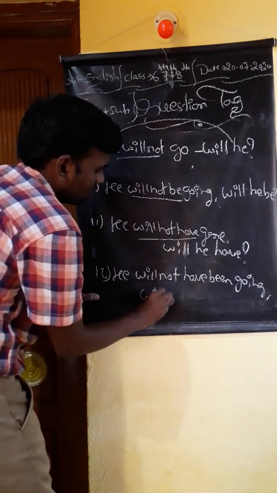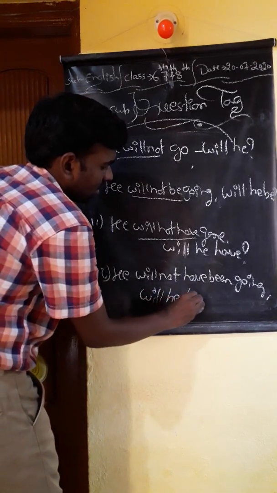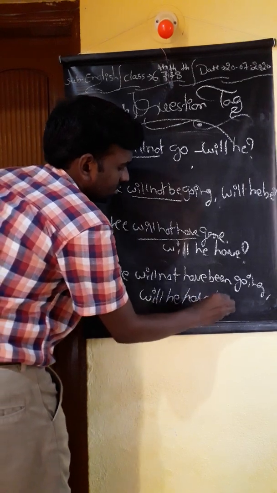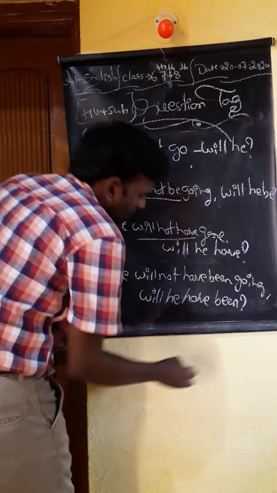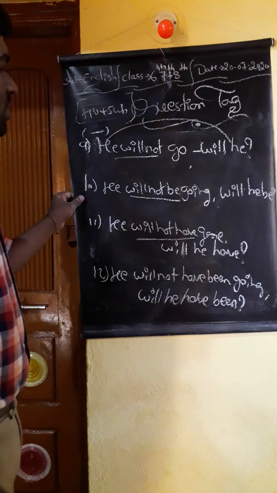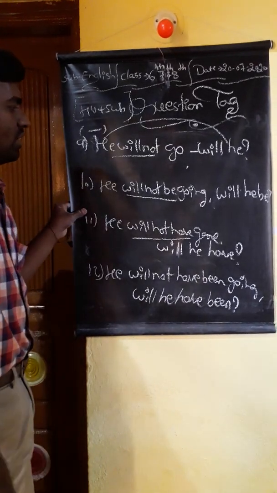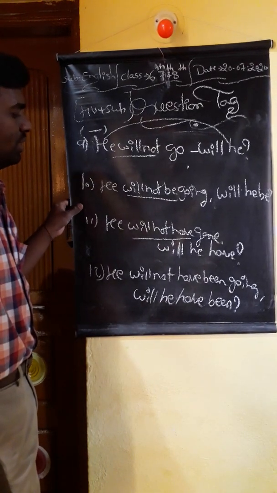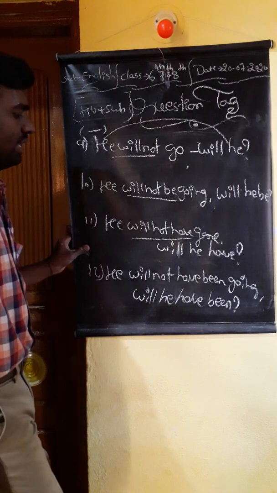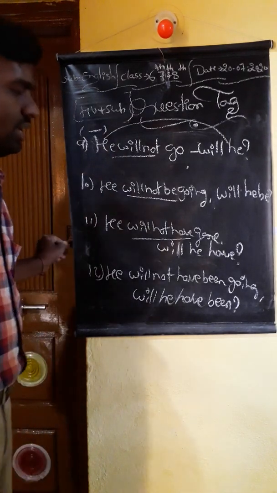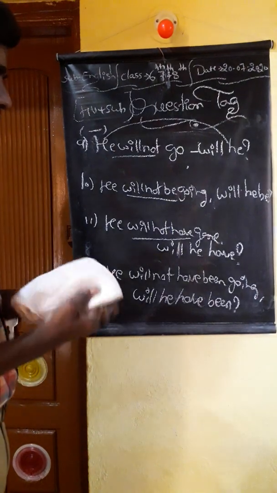And here it is: will he have been. So he will not go, that is will he. He will not be going, will he be. He will not have gone, will he have. He will not have been going, will he have been. Okay.